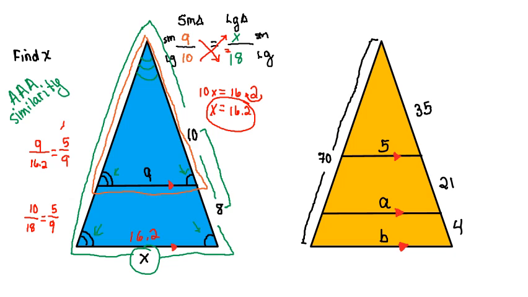Moving along to the next triangle, this one just has 3 inside here. Similar things are going on. Because they're parallel, we got corresponding angles here. The top one is, of course, congruent to itself. And so they're similar because of the AAA similarity postulate.